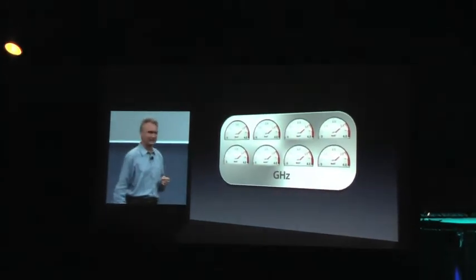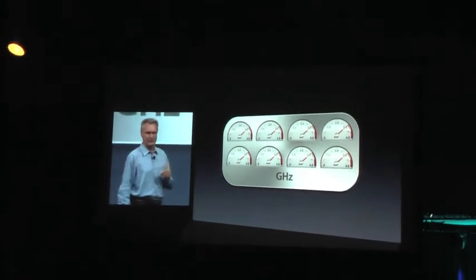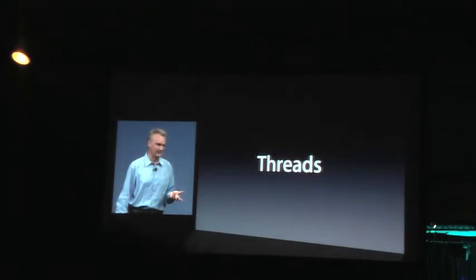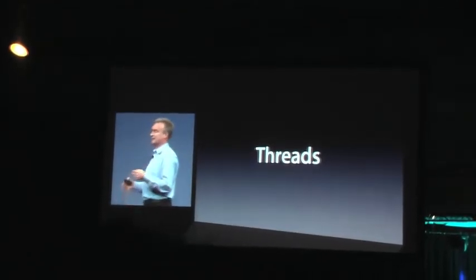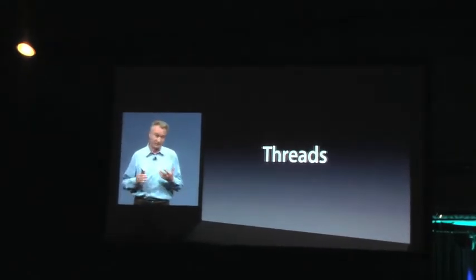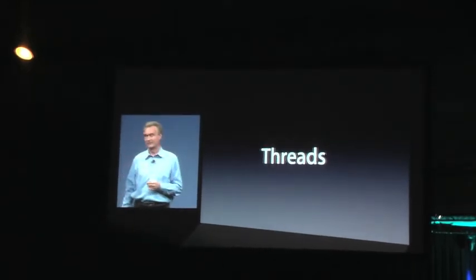And this is a trend that we see continuing in the future. But the challenge with multi-cores is how to take advantage of them, how to program them. And the standard answer is threads, multi-threaded programming. But it's really, really hard. And it's also fairly inefficient because you never have quite the right granularity.